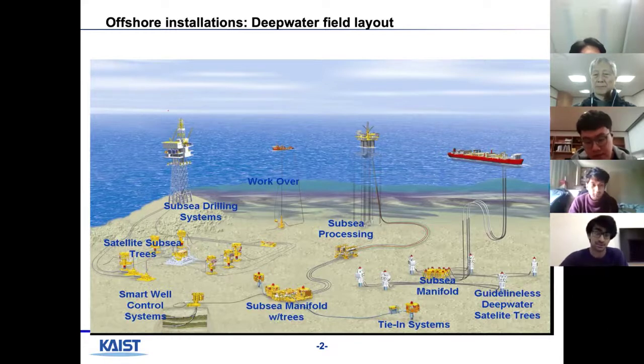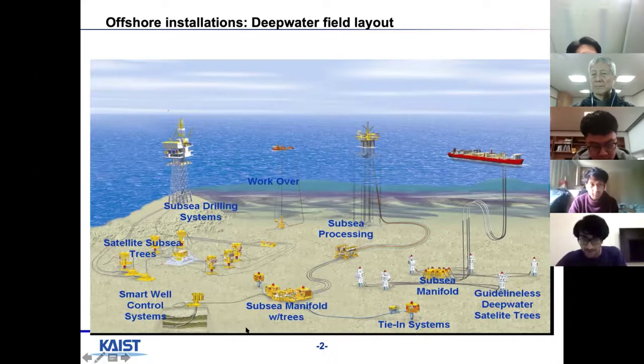These subsea trees are basically connected to the satellite well, and that's why they're called satellite subsea trees. And they're basically used to control the production.